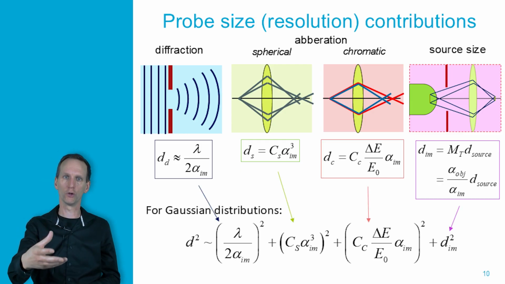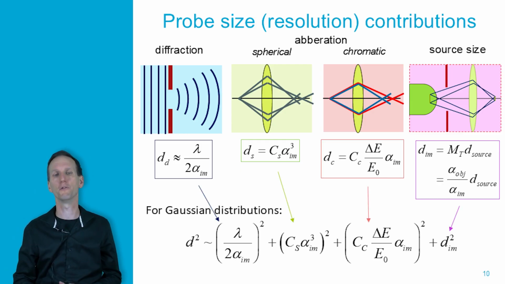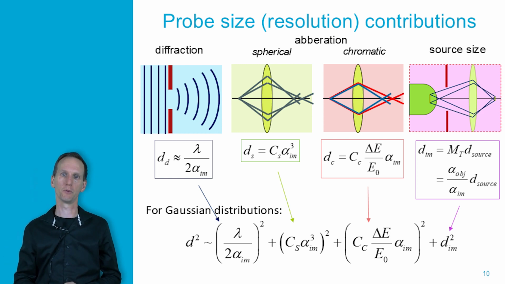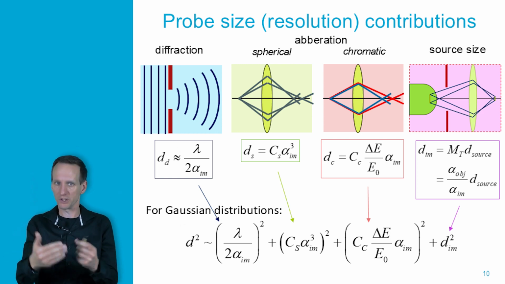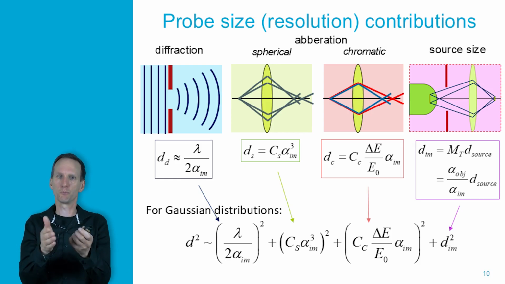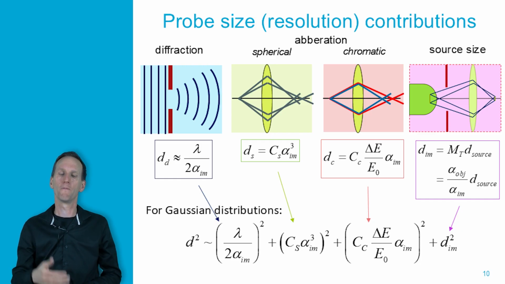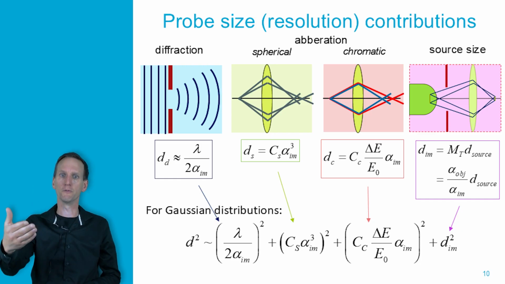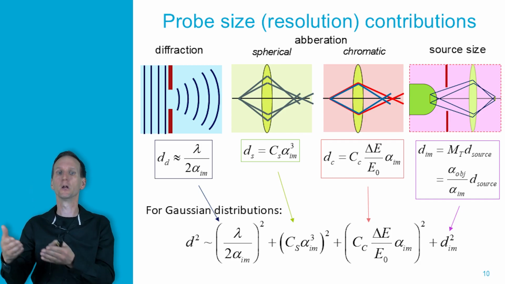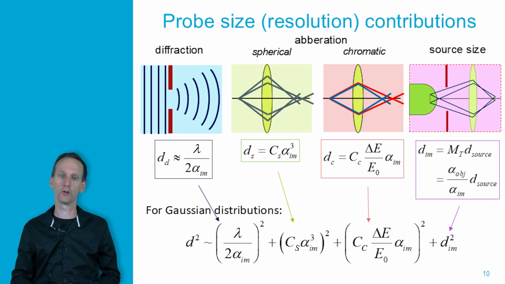Now we have to look, when we are determining the final probe size, at how these different probe size contributions add up. We know that we have electrons with slightly different angles, different energies, so each of these factors has a certain distribution. Now, if these distributions would be fully independent and Gaussian, we know that the total probe size could be achieved by summing the different contributions in quadrature and then taking the square root.